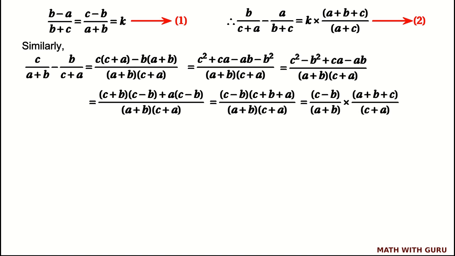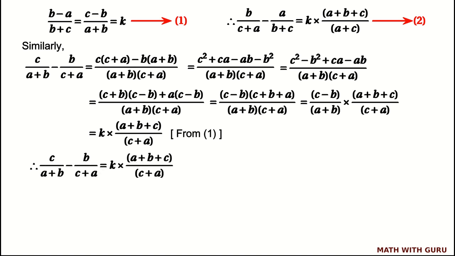c minus b over a plus b into a plus b plus c over c plus a, that is equal to k into a plus b plus c over c plus a from equation 1. So, c over a plus b minus b over c plus a equals k into a plus b plus c over c plus a. Take this as equation 3.